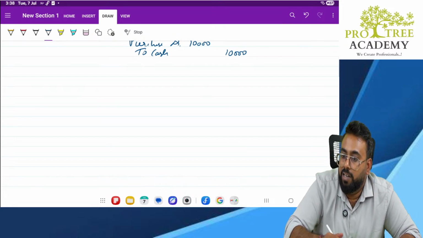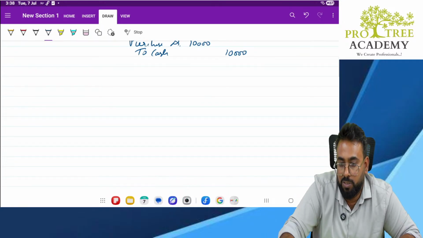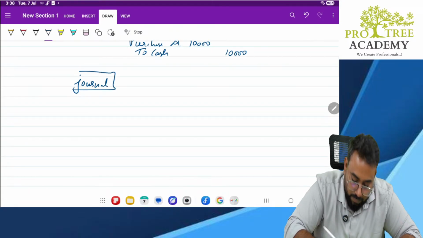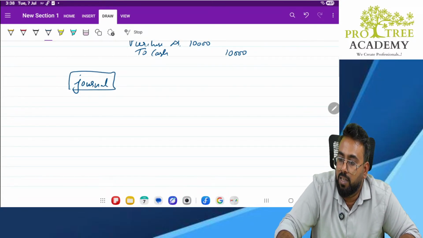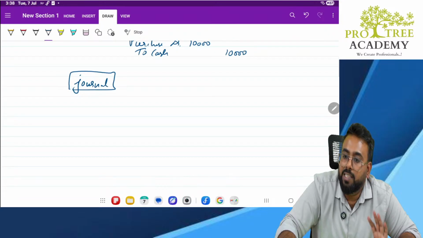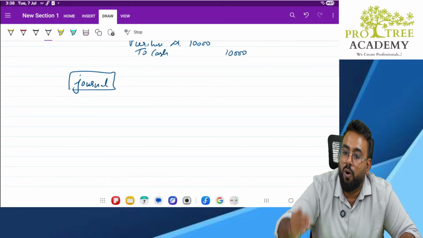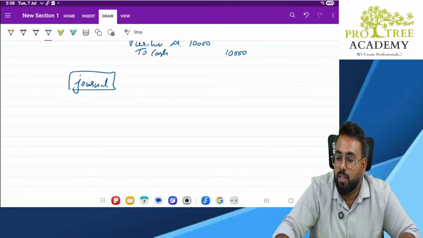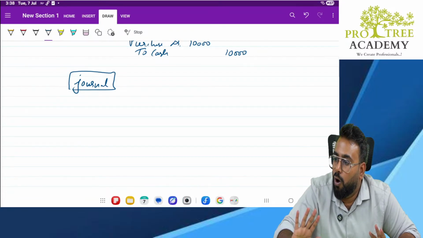Now, coming to the next point of discussion, there are different types of books in accounts. Clear? The first book is called the journal. Journal is a book where we record all the transactions.